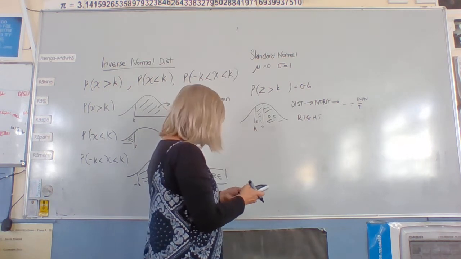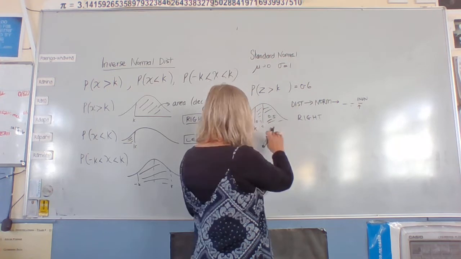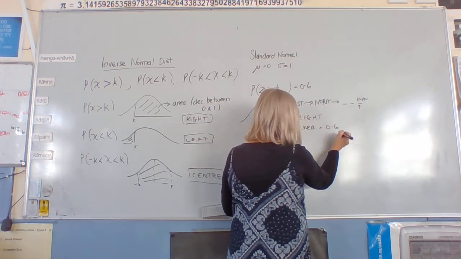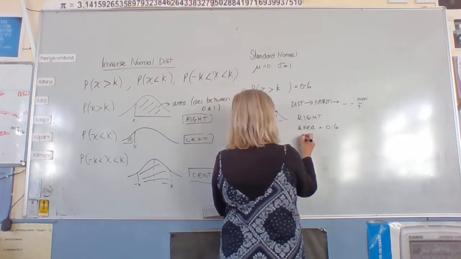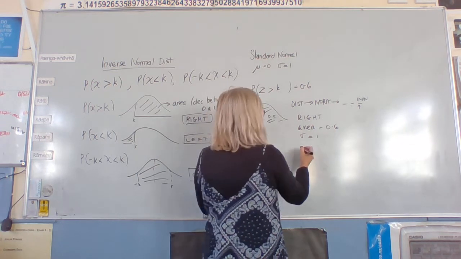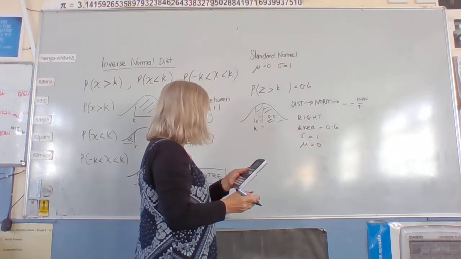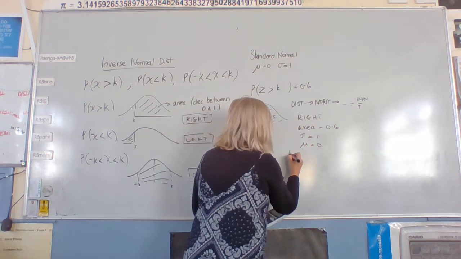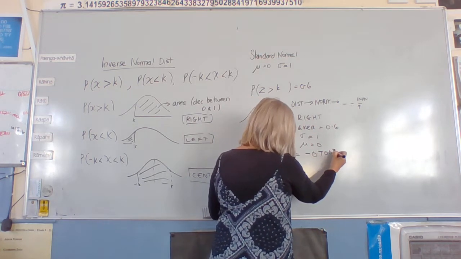So that's F2. Then we want the area, which is 0.6. Then the standard deviation, which is 1. Remember, always write down all of these things. And the mean, which is 0. And away we go. That value gives us negative 0.7063.